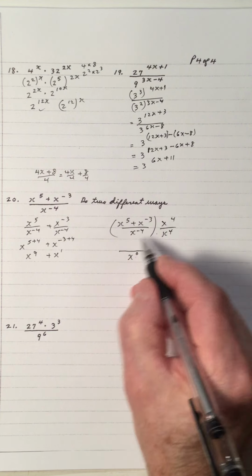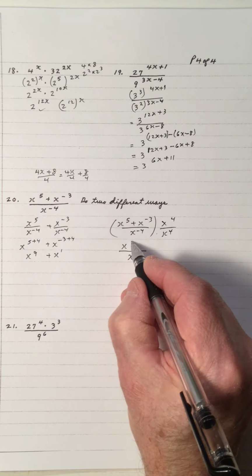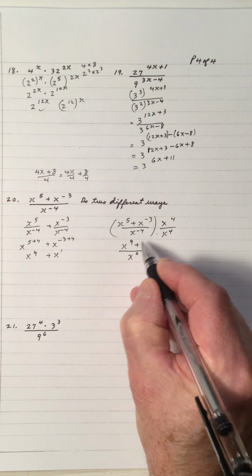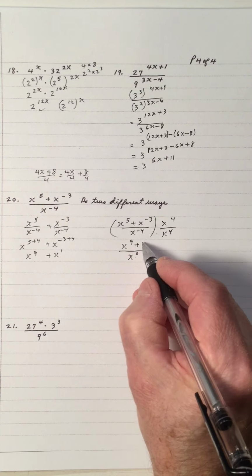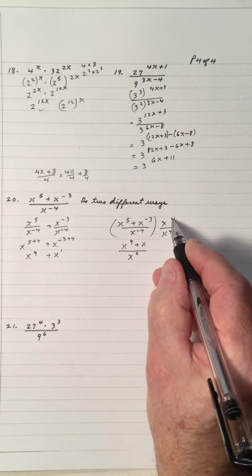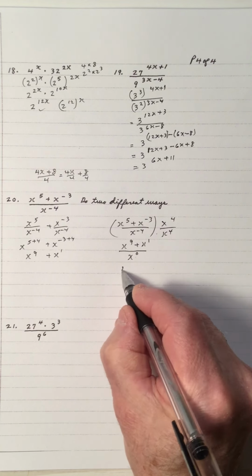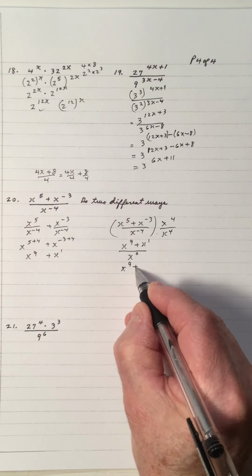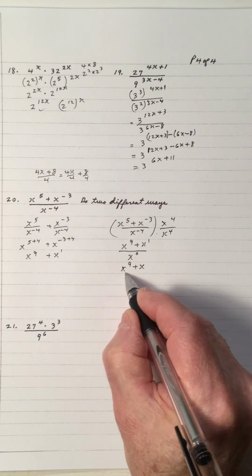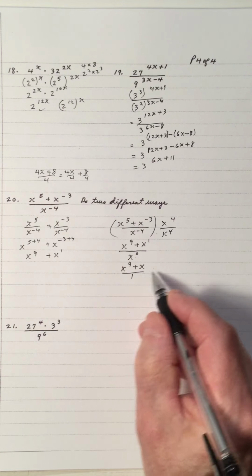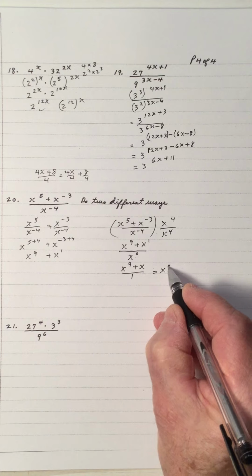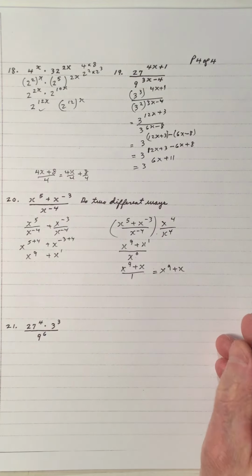And when you multiply these two, you get 5 plus 4 is 9. When you multiply these two, you get x, negative 3 plus 4 is 1. So that becomes x to the 9 plus x. X to the 0 is 1, so it gives you x to the 9 plus x.